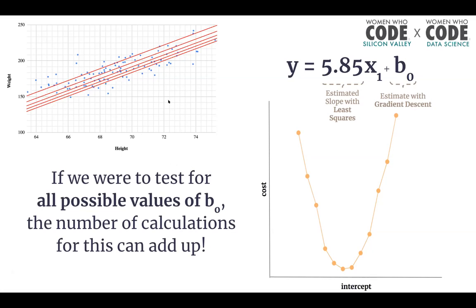Technically, what we have to do is try out a bunch of different values for B0, and a bunch in this case could be every possible value from, say, 120, so that I can fit this value also, till 180, so that I can fit this value also.